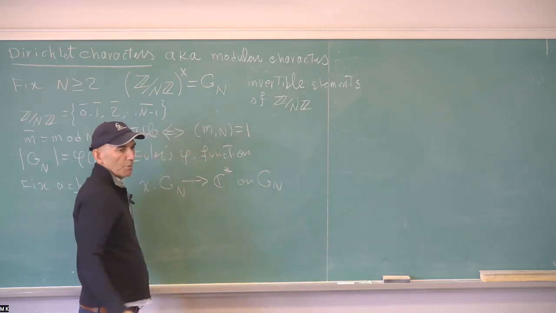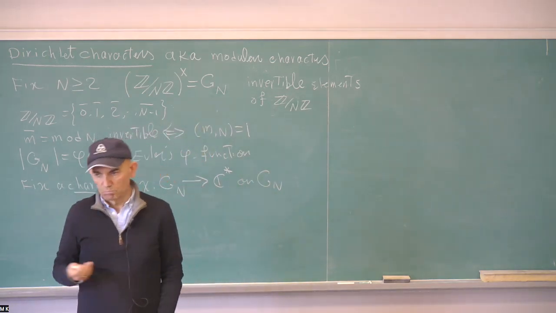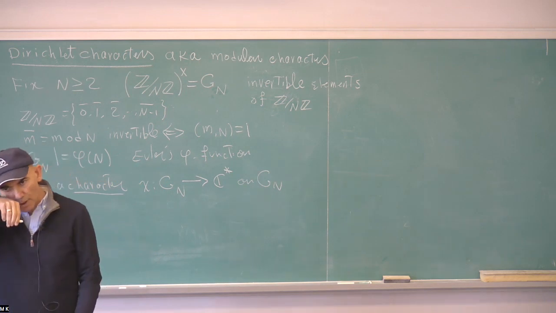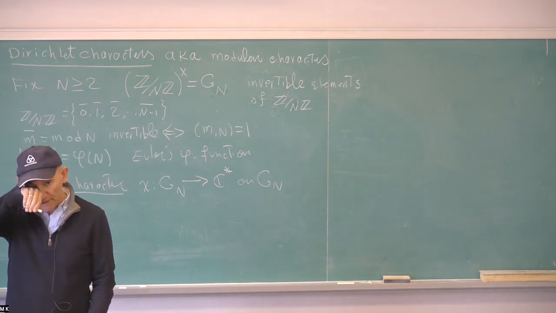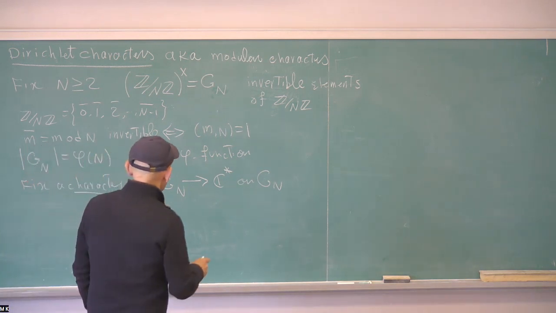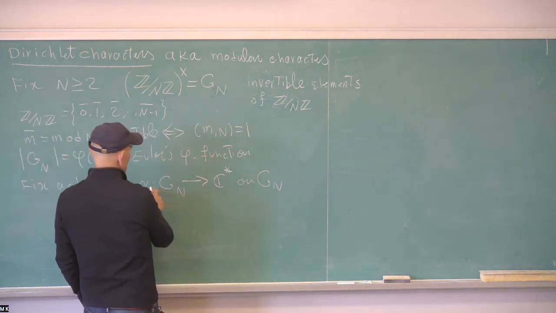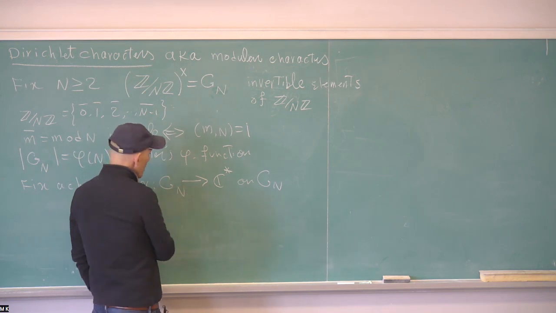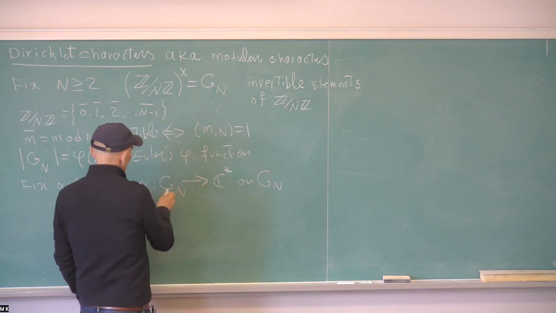Well, this is a finite abelian group. Sometimes it's cyclic, but it's not always cyclic. It's more complicated. It's a product of cyclic groups. And we know what the character means. It's just a multiplicative map into C star. And fix one of those.